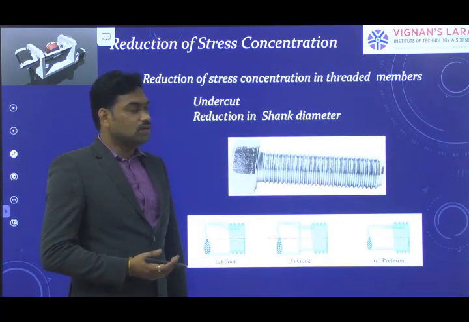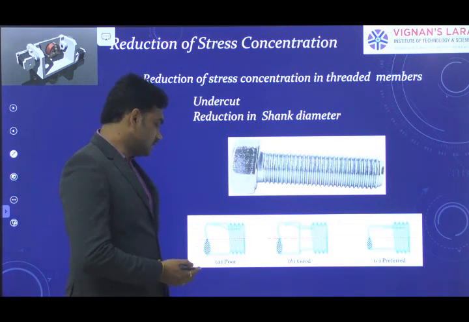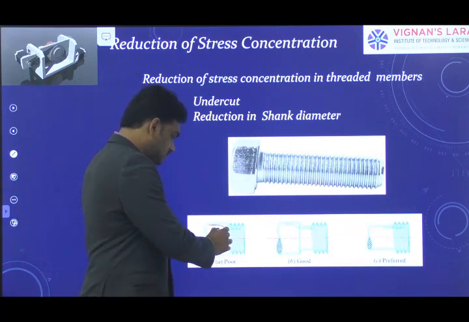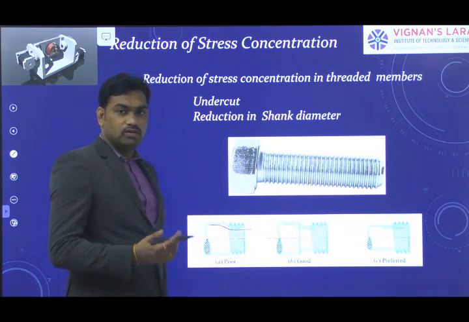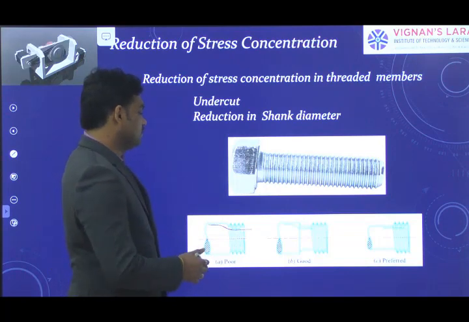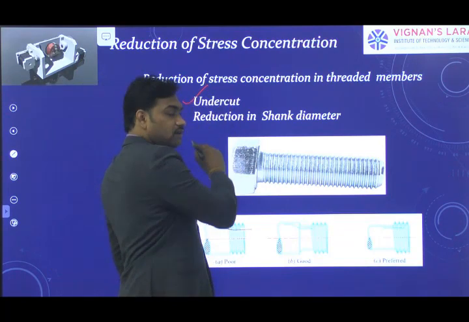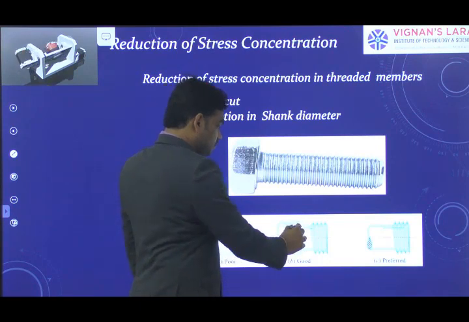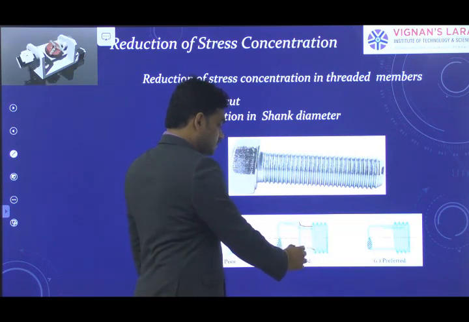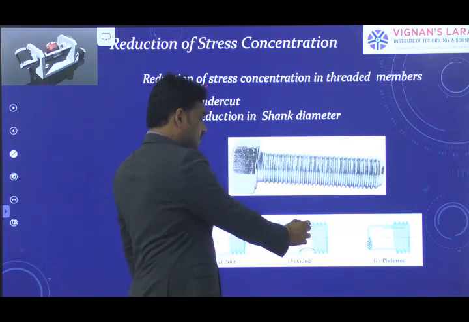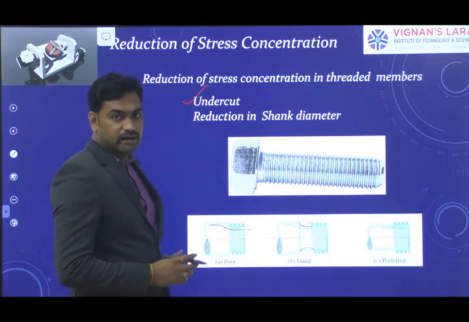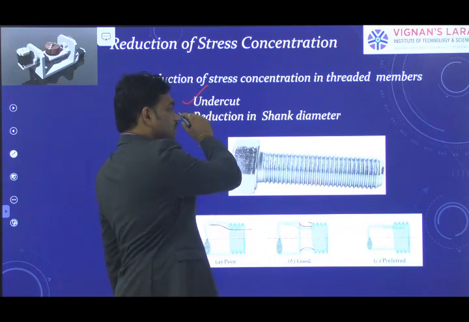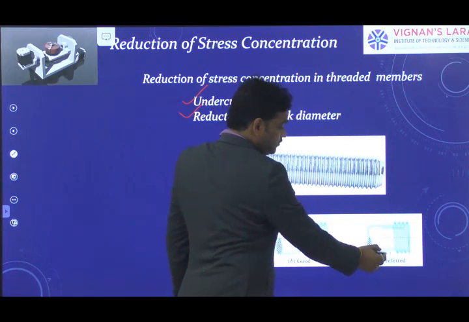And for the bolts, there is a chance of increase in stress concentration here in this fashion. In order to avoid such a condition, we have two methods. One is undercuts. This is the undercut portion, where you remove the undesired material at the shank portion. That is the first method. The second method is reduction in shank diameter.